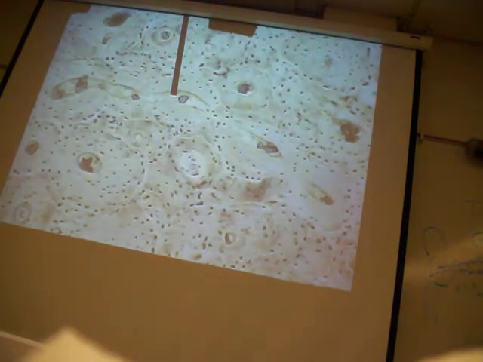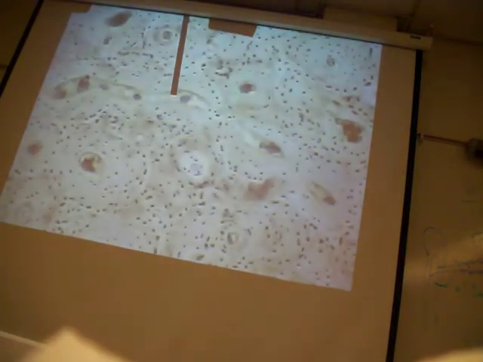So Volkmann's connects those osteon canals together. And sometimes when you find a good bone slide, it'll be nice and dark for you.